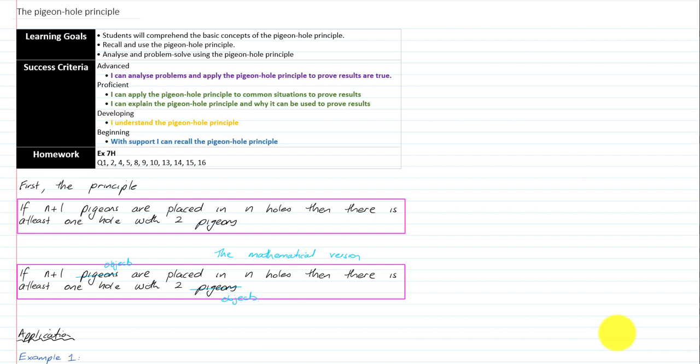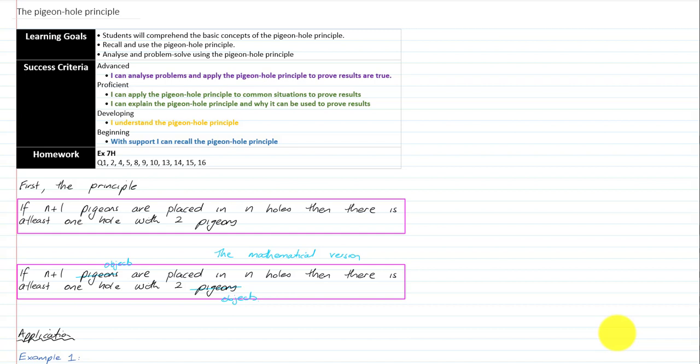Now, obviously, if you had 10 pigeons and 9 holes, you may end up with 10 pigeons in one hole. But what we're saying is that 10 pigeons and 9 holes means at least one hole must have 2 pigeons. And this has really important ramifications on some of our work to do with probability and combinations and permutations.